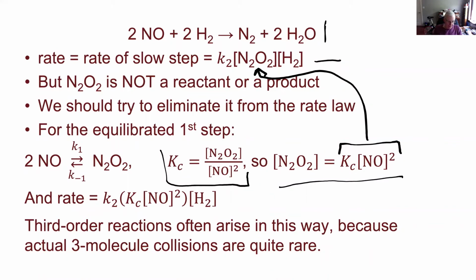When I do that, I get the rate law down here, which says that, at least in terms of apparent kinetics, in terms of the reactants, this looks like a third order reaction, right? As a third order rate law, it does not, you can see from the mechanism, involve any 3-body collisions. That's actually true for a lot of third order rate laws.